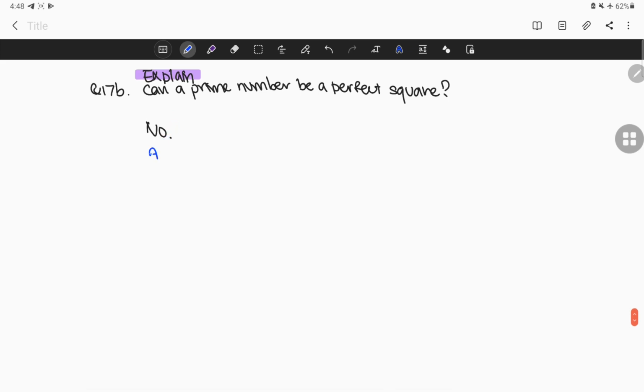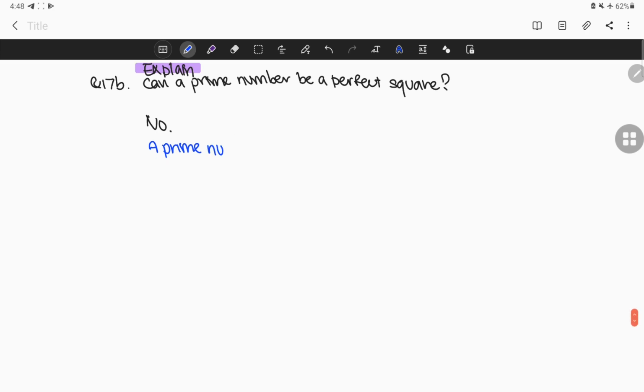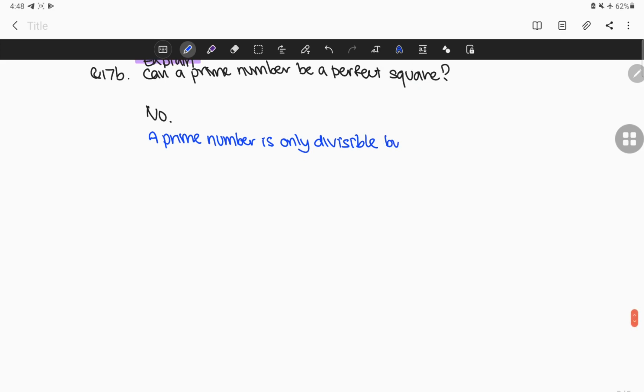So a prime number is only divisible by 1 and itself.